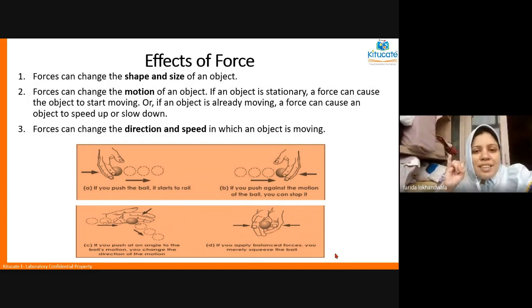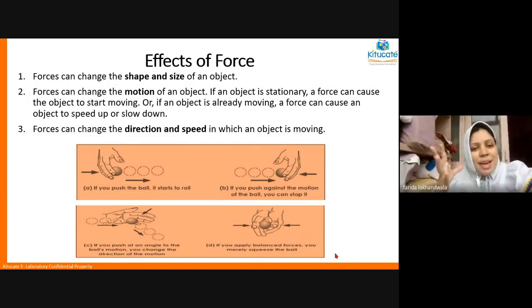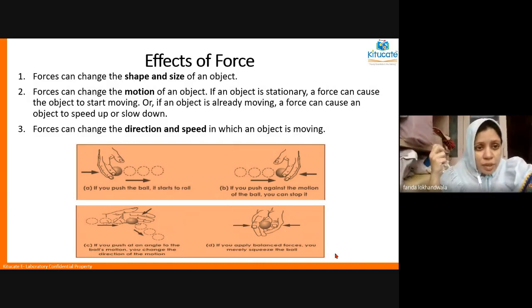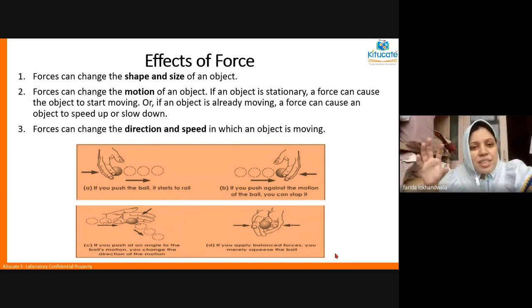Shape and size, you can very simply do an example of clay, of play-doh. You take the clay and you mold it, so you're changing the shape and size using your muscular force. Next one, second one, if it is in motion, you're bringing it to rest, and if it is at rest, you're bringing it in motion.